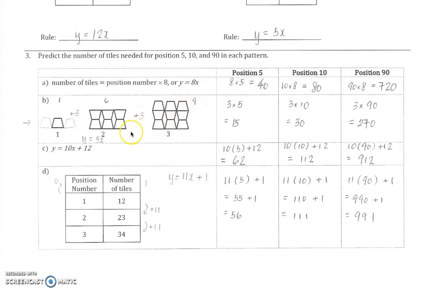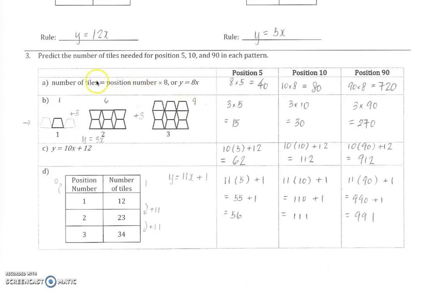B. This time we have to think of how the pattern is increasing. So pattern 1, there should be 3 trapezoids. Pattern 2, I have 2 rows of 3 trapezoids. Position 3, I have 3 rows of 3 trapezoids.